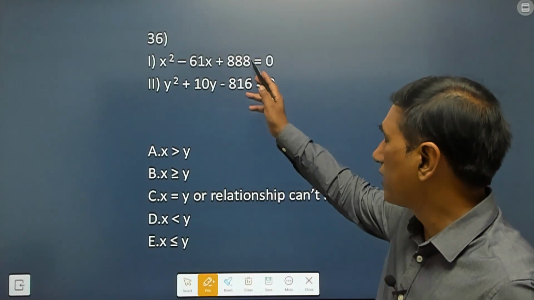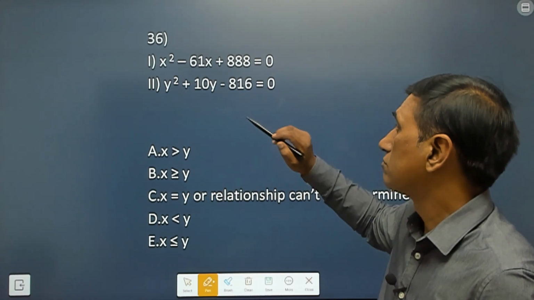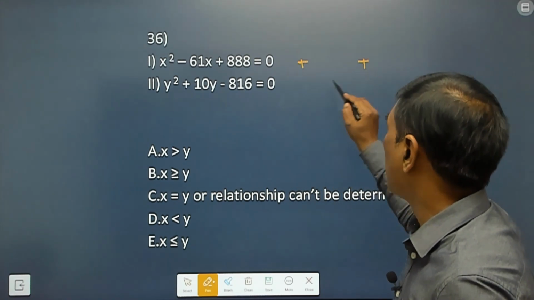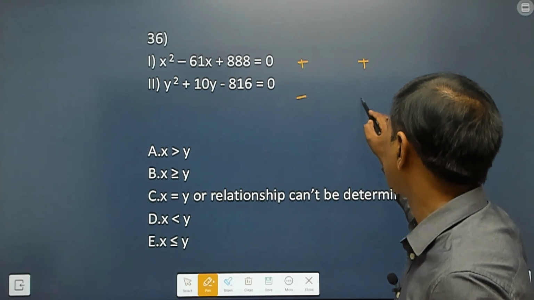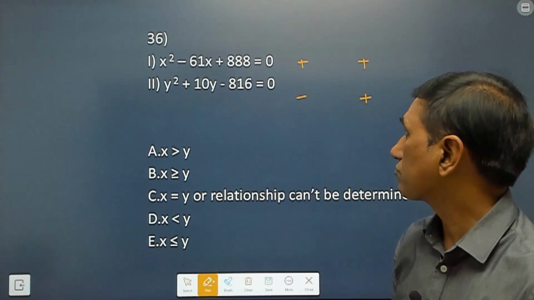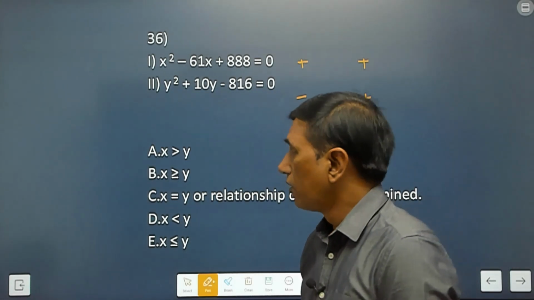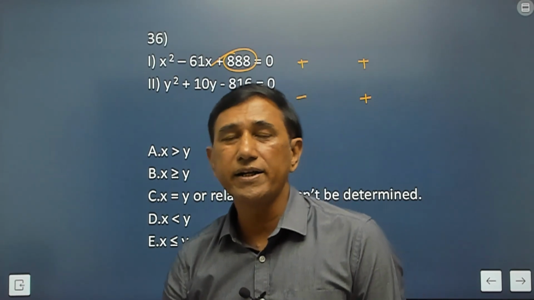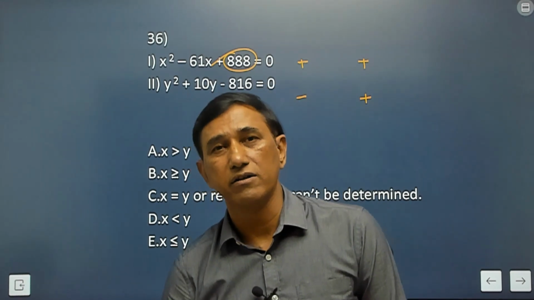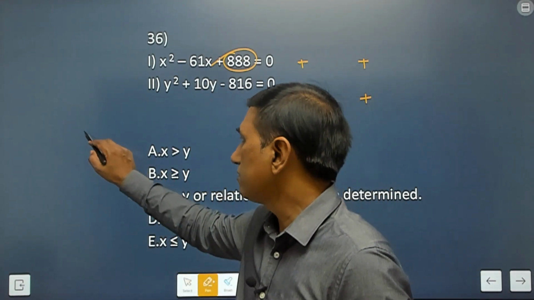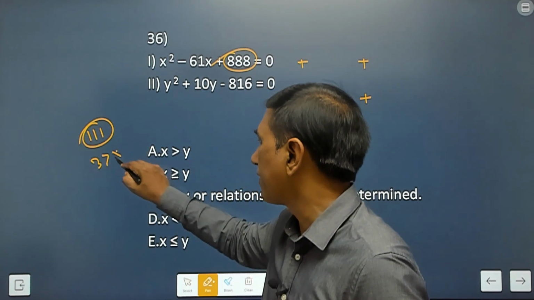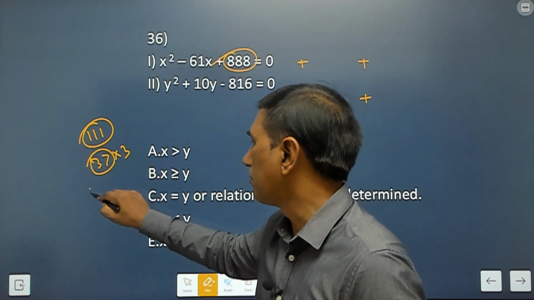Here again you have a bigger number. Sign wise, this is plus, plus, this is minus, plus. See, whenever you have a number with a digit repeated 3 times, that is a multiple of 111, and 111 is a multiple of 37. 37 is a prime number.